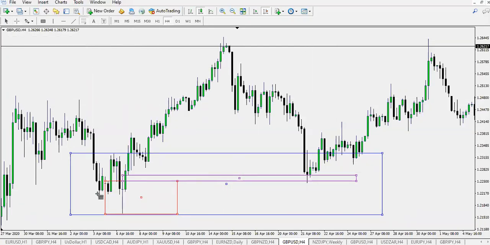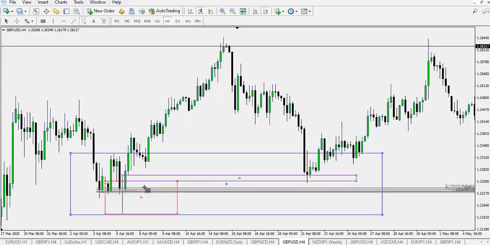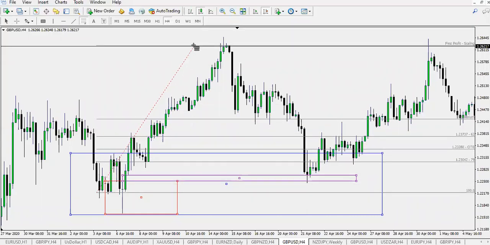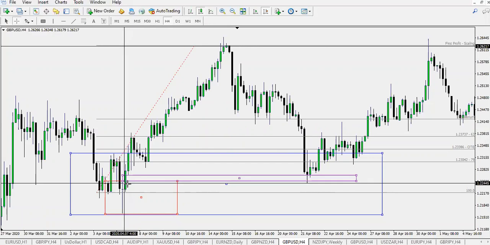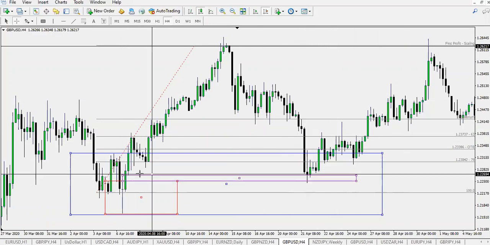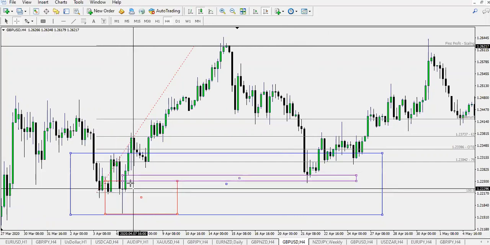So for example, pull our fibs from body to body, and we can see that although we did not get an entry over here, price filled this fair value gap, and then price continued up because there was an imbalance of price.